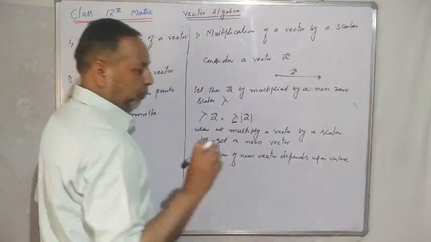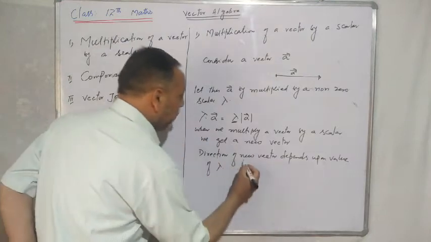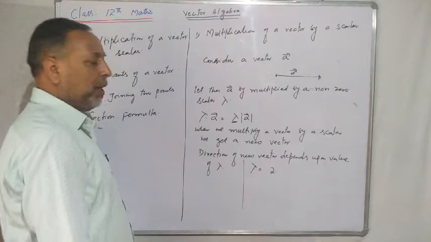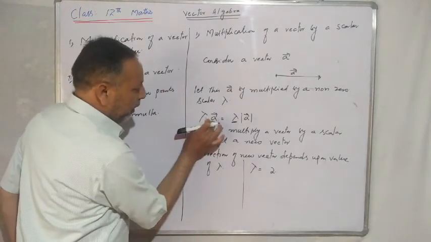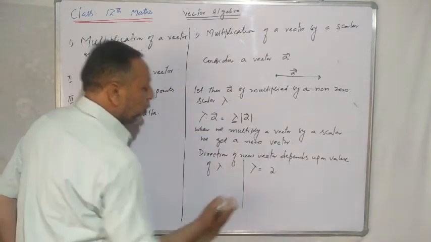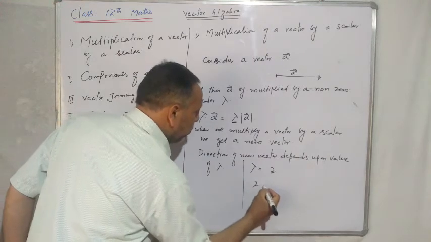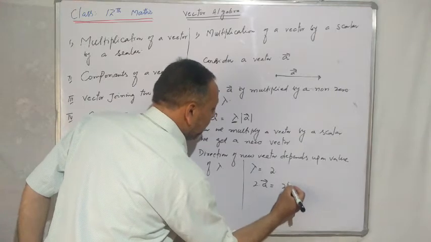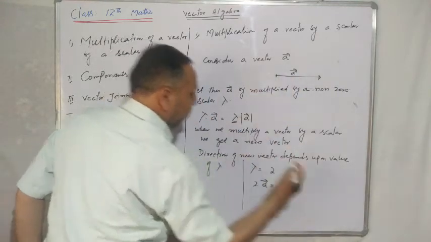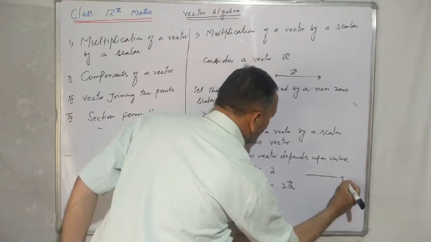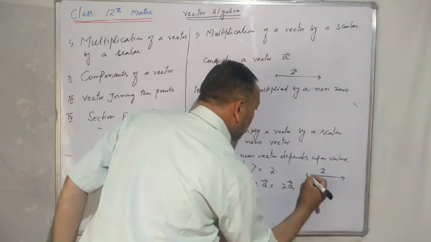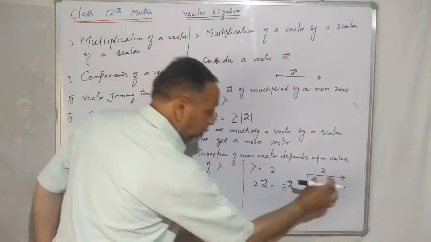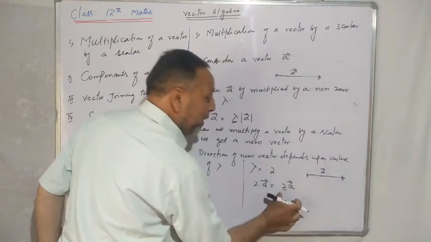Meaning to say that, let me take lambda equal to 2. So when I multiply vector A by 2, I get twice vector A. So this is the vector A. ये मेरे पास एक वेक्टर A है. अब जब मैंने इसको 2 से मल्टीप्लाई किया तो जो मैग्नीट्यूड होगा वो ट्वाइस होगा.